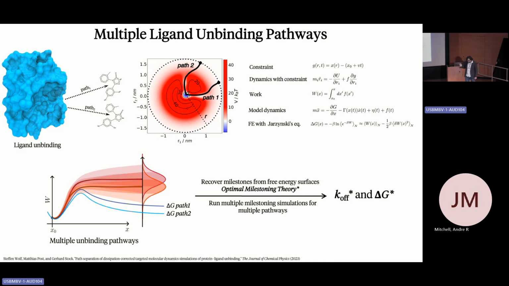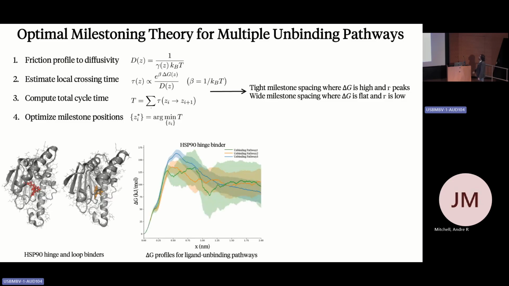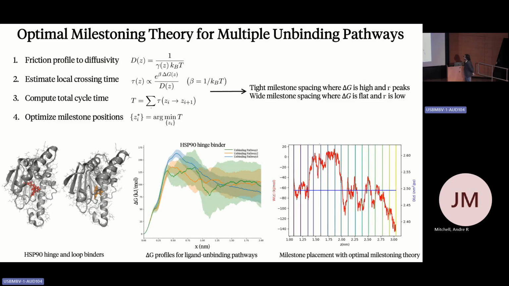So the outlier that I was showing you was because it had two different unbinding pathways. So we have this optimal milestoning theory. What we do here is we get the friction profile from this unbinding, and we convert that into optimal milestones. Now we are running 2 or n multiple milestoning simulations on the same protein and get the weighted average at the residence time. So that's where we are currently.